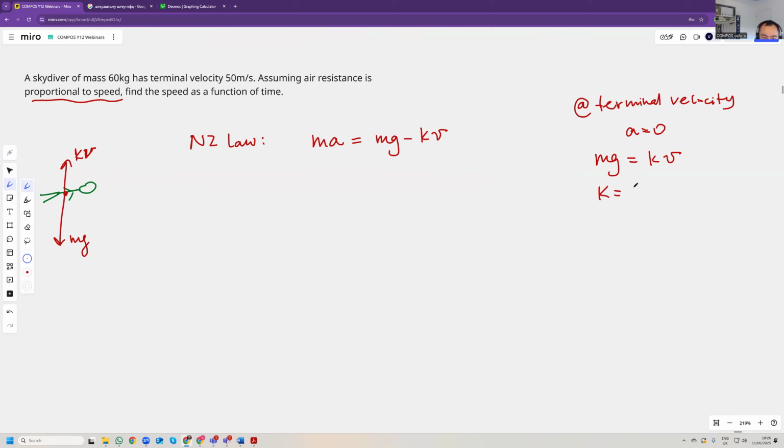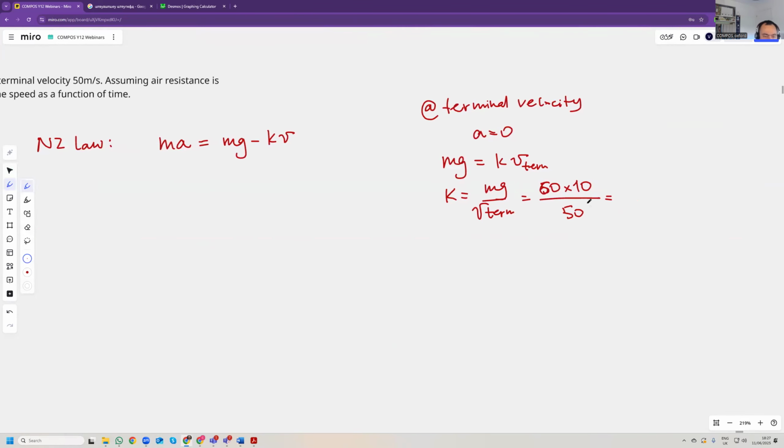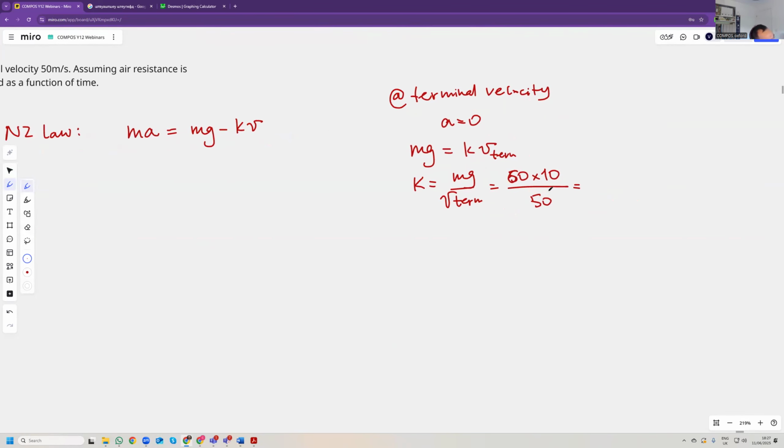Therefore k is equal to mg divided by the terminal velocity. So that's 60 kilograms times 10, g is 10 for simplicity, divided by the terminal velocity, which is 50. So 600 divided by 50.